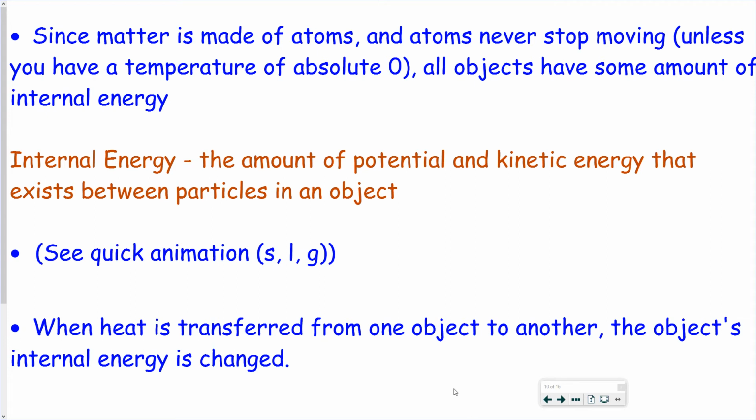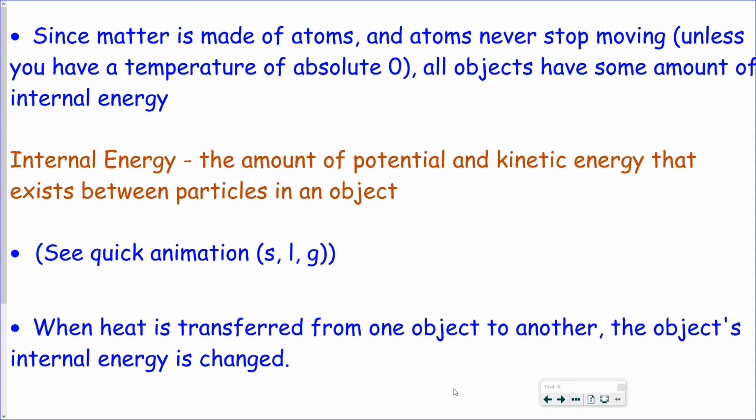So since matter is made up of atoms, and atoms never stop moving unless you're at 0 kelvins, which is also called absolute zero, all objects have some amount of internal energy. Internal energy is defined as the amount of potential and kinetic energies that are existing between particles in an object.